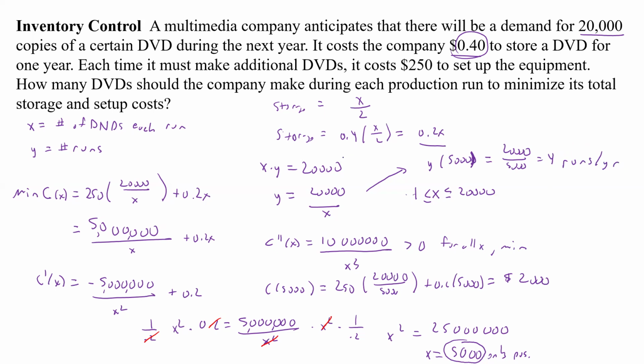And then, what else does it ask for? How many DVDs should the company make during each production run to minimize its total storage and setup cost? And so we're going to have N is going to be 5,000 DVDs per run for 4 runs per year.